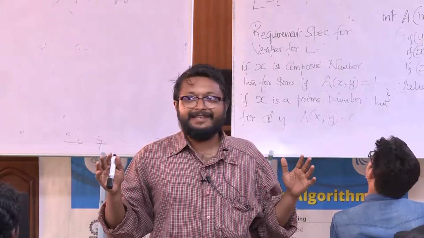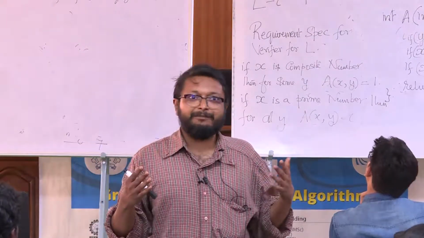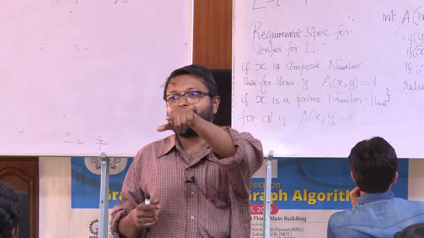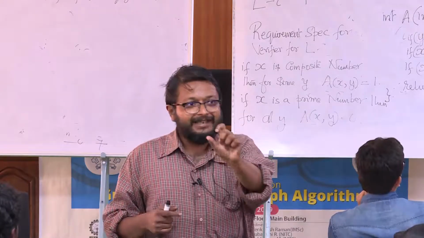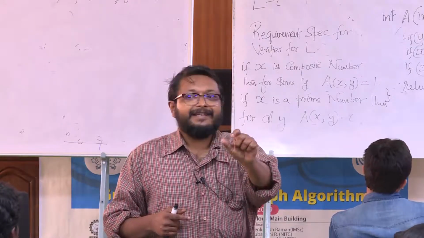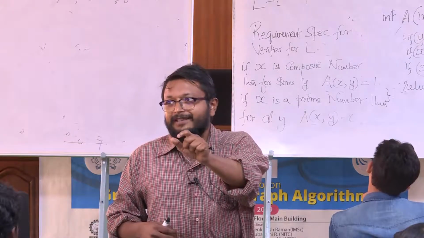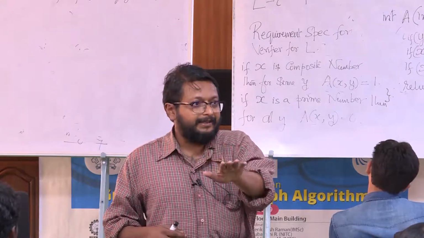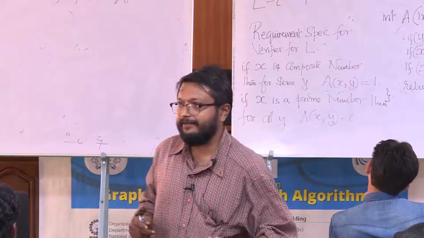So I need to say that if x belongs to L, if I want to verify the proof in polynomial time, I also have to put a constraint on the length of the candidate or proof that's provided. This is the additional technicality. Apart from that, things are very simple.